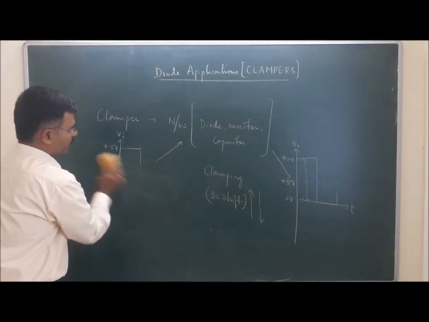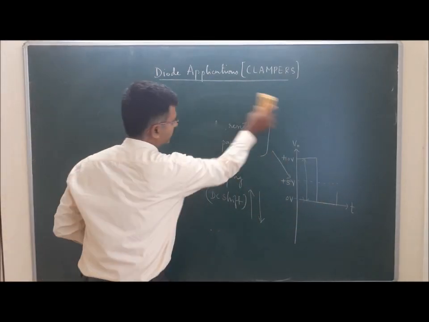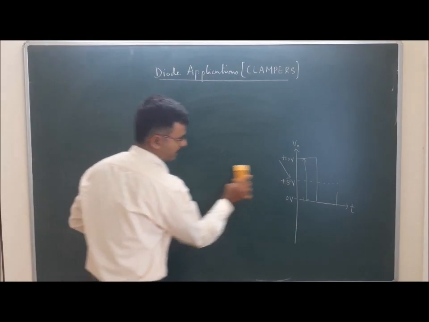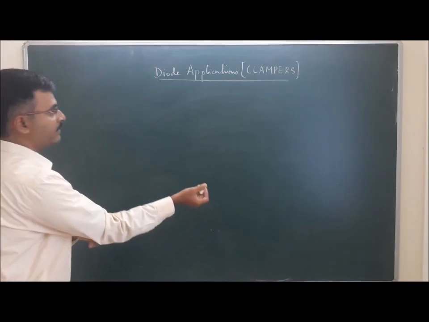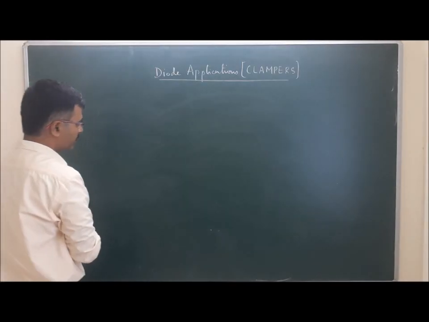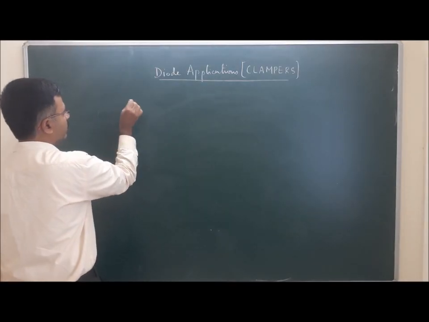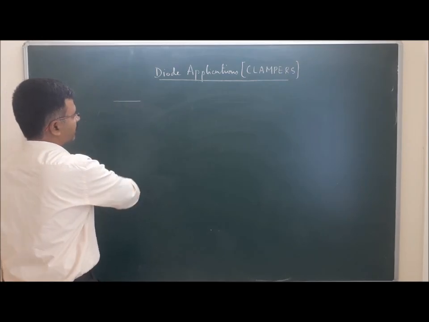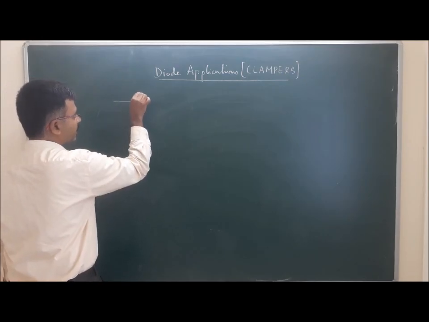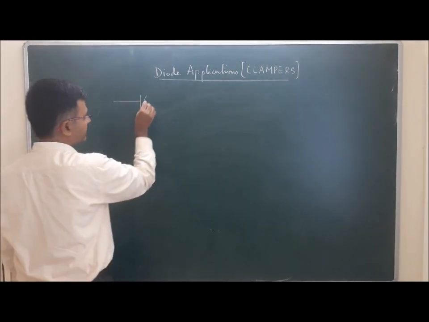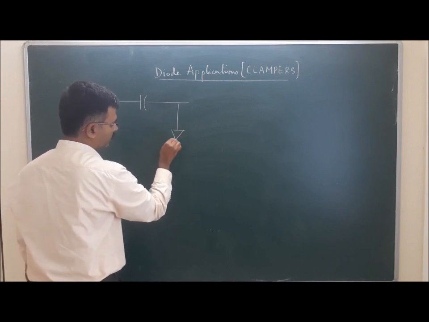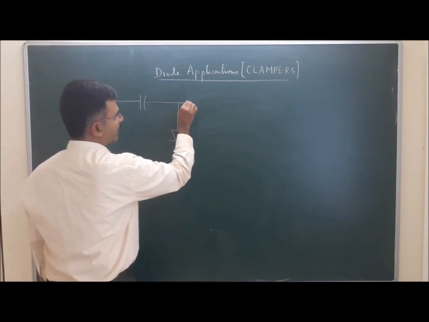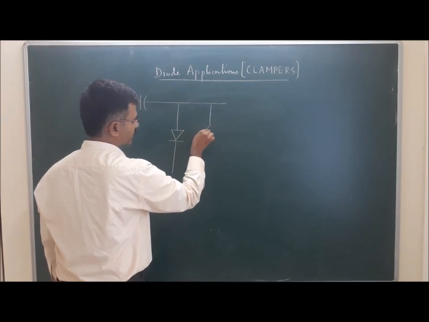We will draw the simplest clamper circuit first and try to understand the shift that happens. As I already mentioned, a clamper circuit consists of a capacitor, a diode, and a resistor.